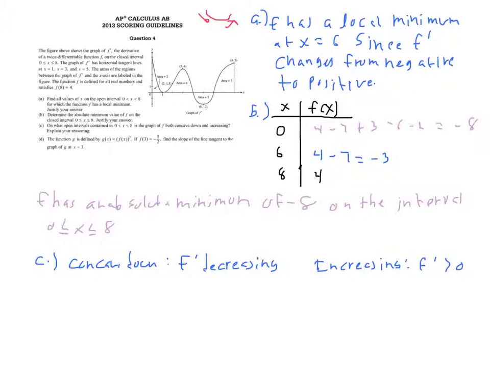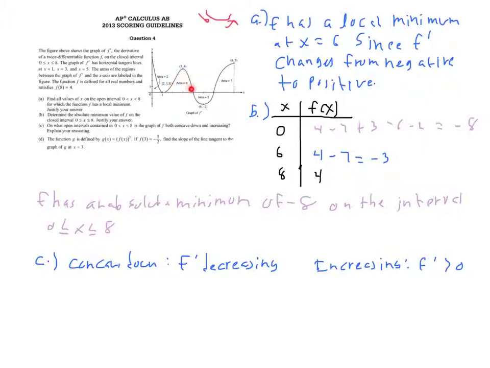So we're only looking at values when the derivative is greater than 0 and we want it to be decreasing. So here our values are greater than 0 and these are decreasing. So from 0 to 1, that fits both criteria. From here to here, we are greater than 0, so the function is increasing, but f prime is not decreasing, so this doesn't fulfill the concave down criteria.